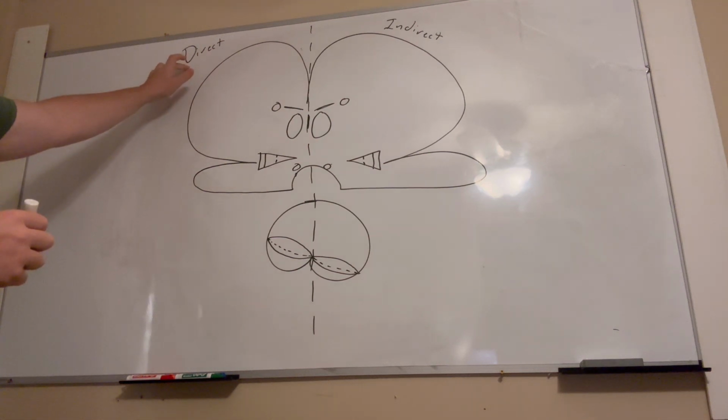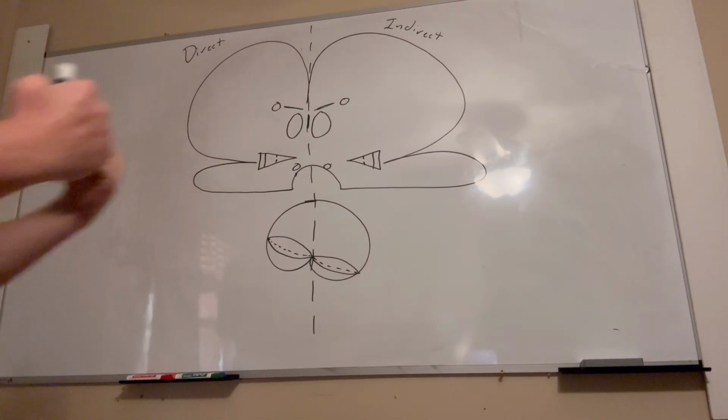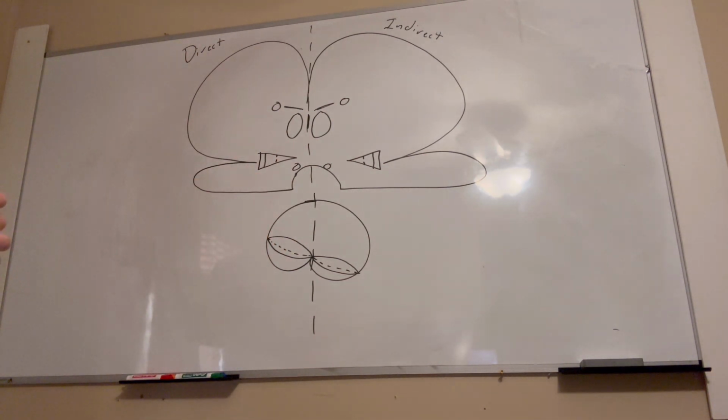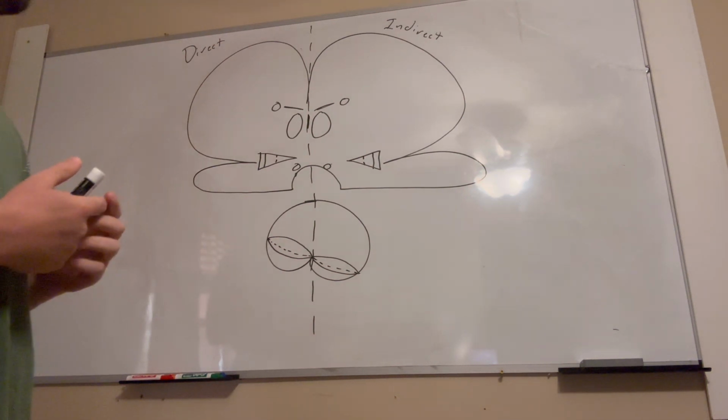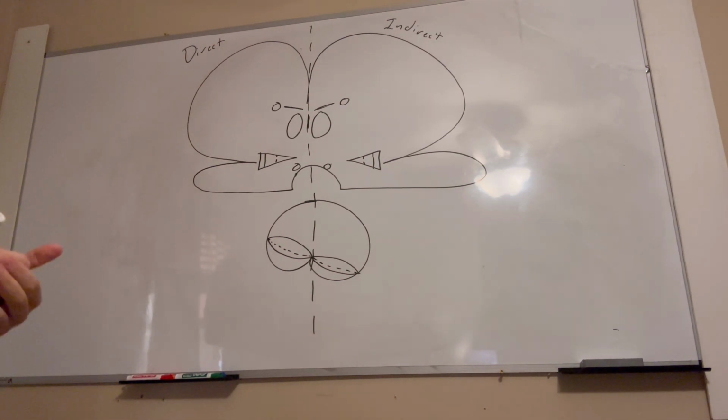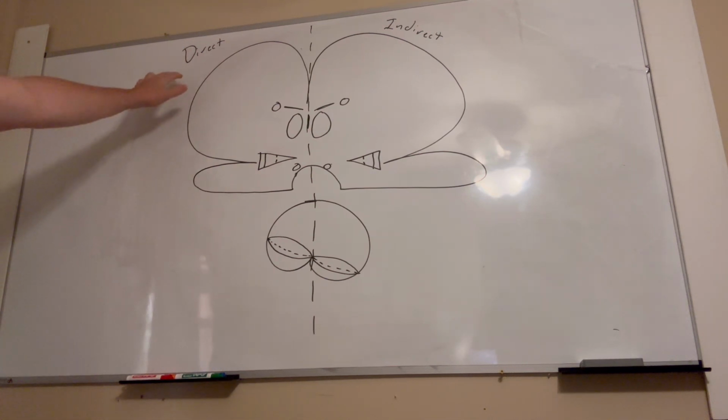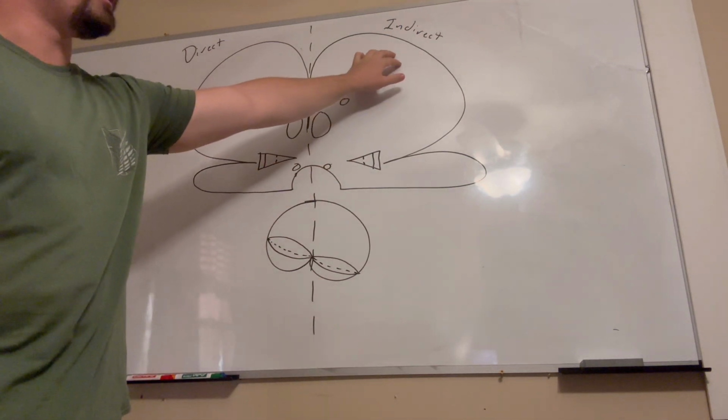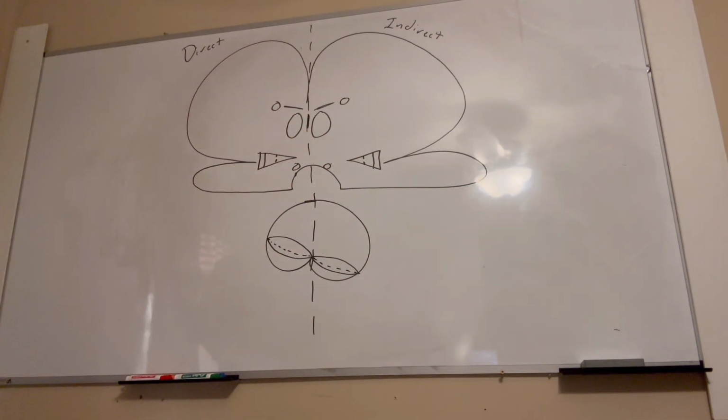The direct pathway is going to be more responsible for starting, initiating the movement, whereas the indirect pathway is going to be more about stopping movement. So if movement is not happening, but we need it to be, then the direct pathway is going to fire. Whereas if we are moving and we need it to stop, then that would be the indirect pathway.